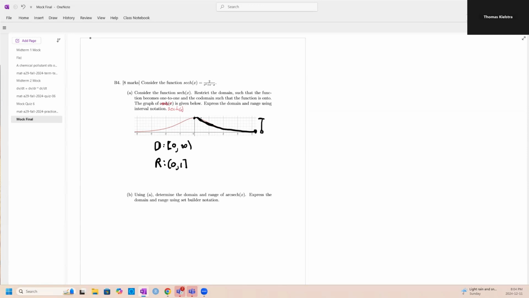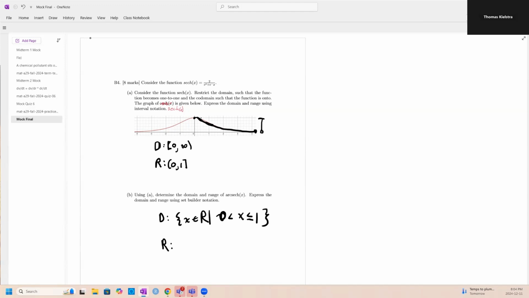Now using part A, using this expression, determine the domain and range of arcsech of x. Express the domain and range using set builder notation. So the domain is the range of the original function: the set of x in R such that 0 is less than x, which is less than or equal to 1.